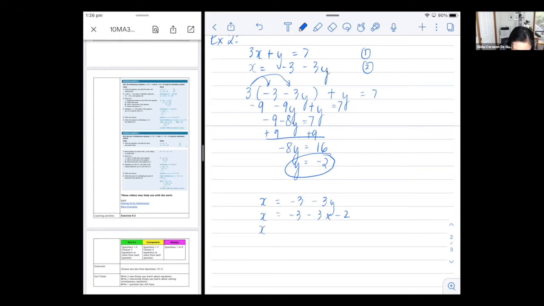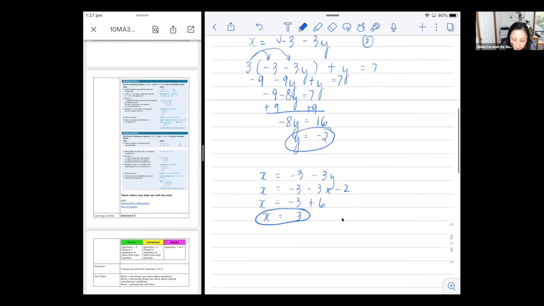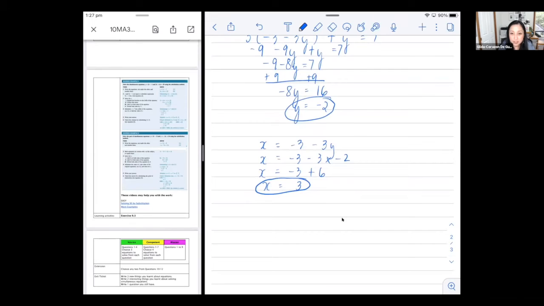What's -3 times -2? That would be +6. And therefore x must be 3, right? And again, how do I write my solution? I say 3, -2, or a better way to do that, you say x equals 3 and y equals -2.